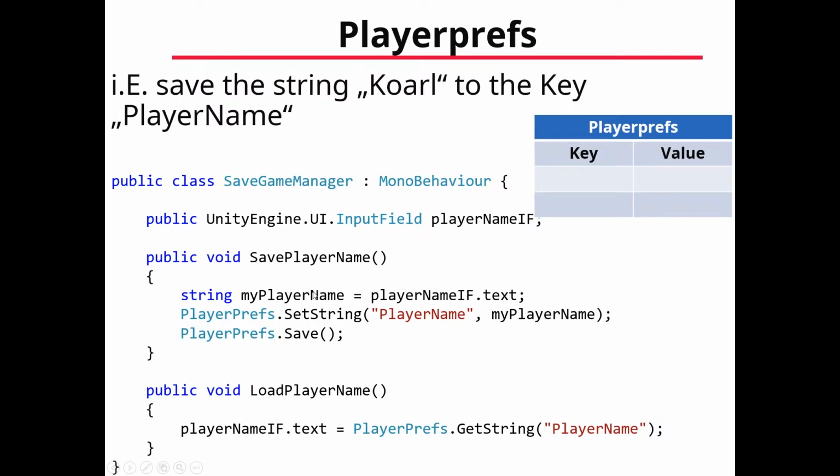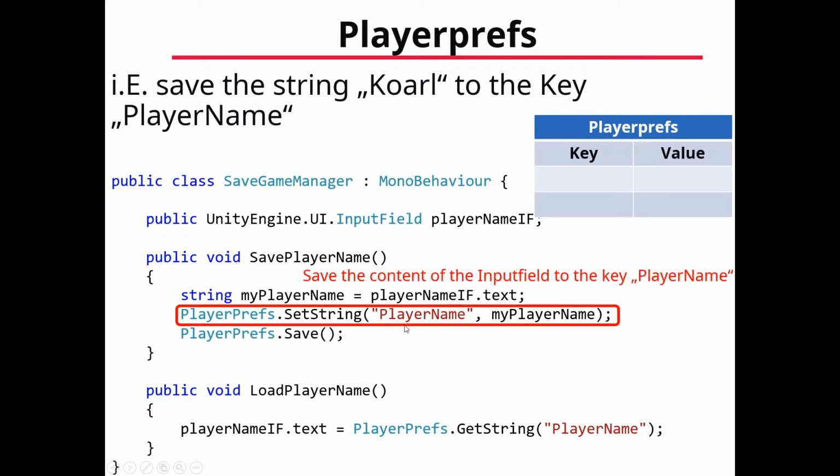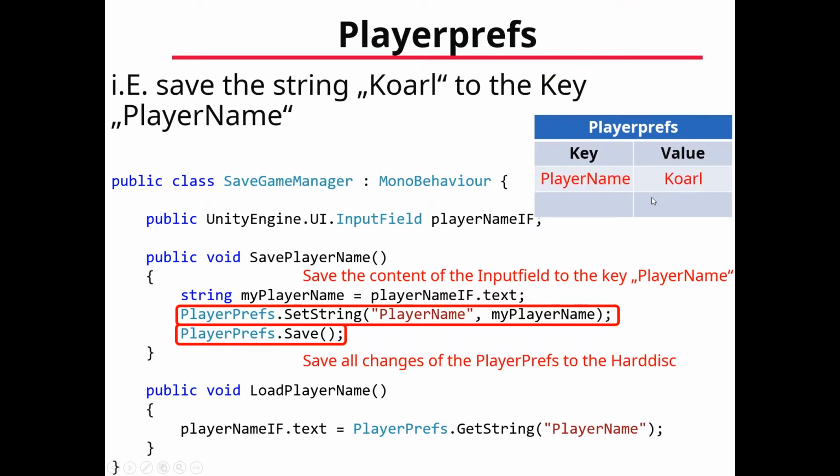So I retrieve my player name from this input field, and then I say PlayerPrefs.SetString, and this saves the content of the input field to the key player name. So on my hard drive, it would look something like this now. Player name is the key. So first comes always the key, and then comes the value.